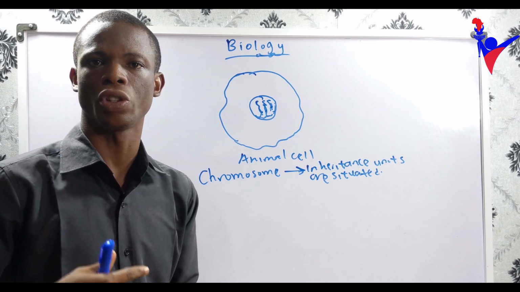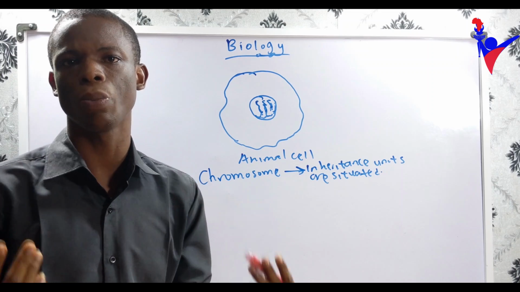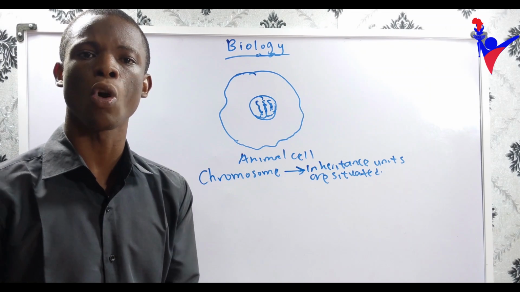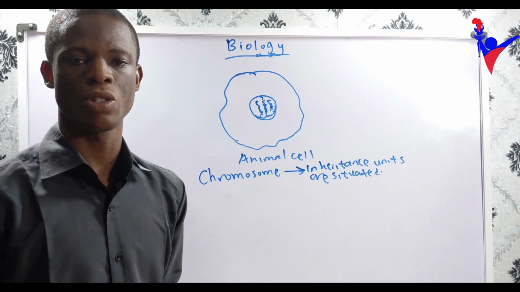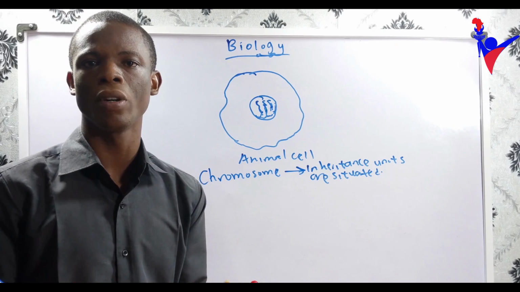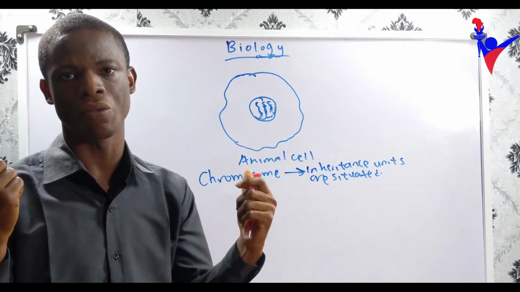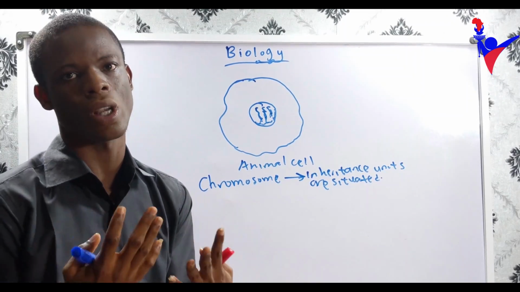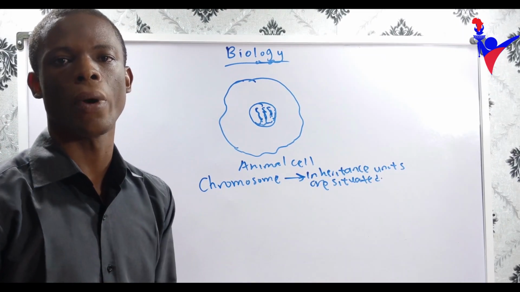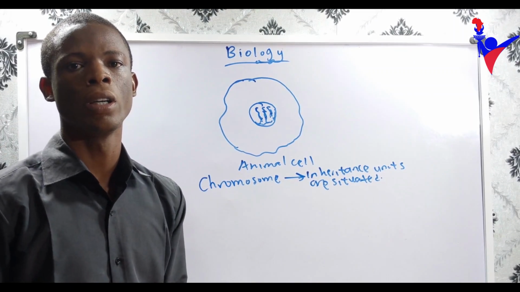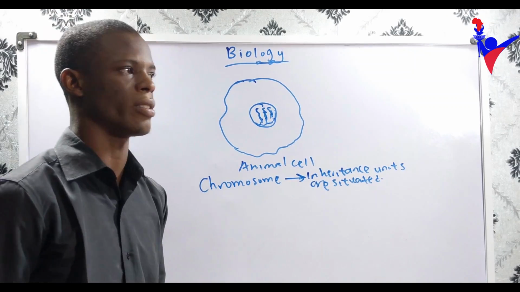Talk about the shape of your eyes, the shape of your hair. It is a result of the combination of these chromosomes. That's why we have hair color, the shape of the hair, the mouth, and all that makes up an individual. So that's our first question today.